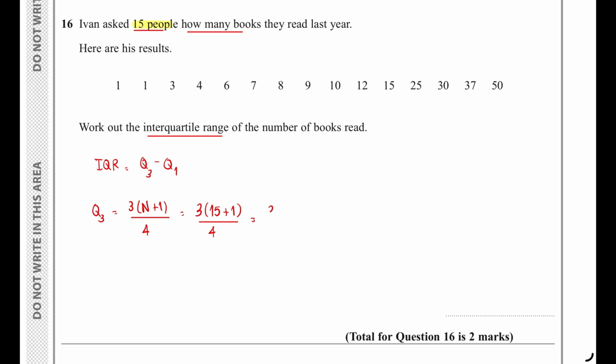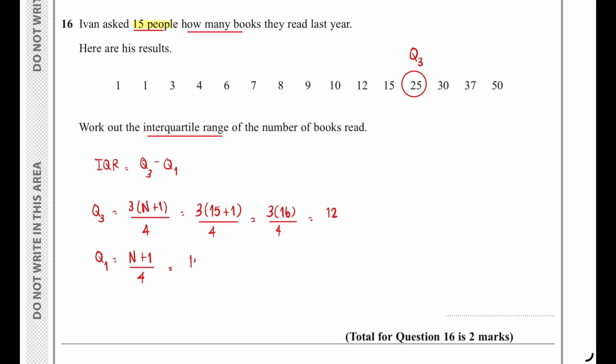So it is equal to 3 times 16 over 4, which is equal to 12. So it is in position 12, which is 25. So this is the upper quartile. Then we have to find the first quartile, which is equal to (n plus 1) over 4.